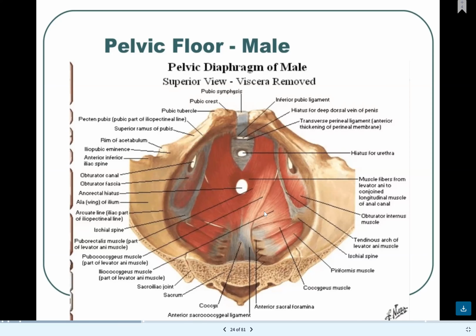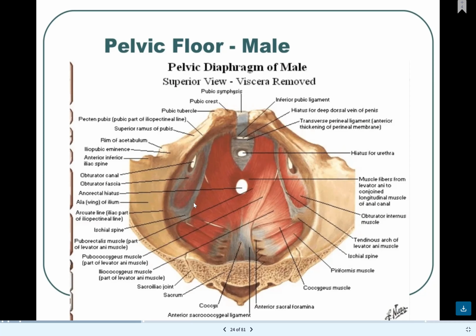So we are trying to show from the top, superiorly, the puborectalis muscle. That one will be around from the pubis, and this muscle here is the puborectalis, while this is the pubococcygeus because it goes to the coccyx. And then this big one we see is coming from the ilium to the coccyx, so we call it the iliococcygeus muscle.